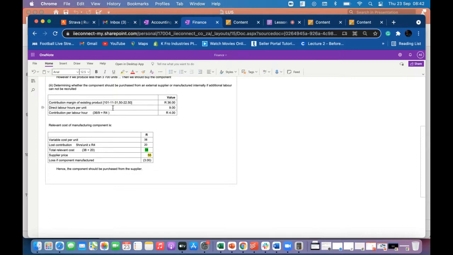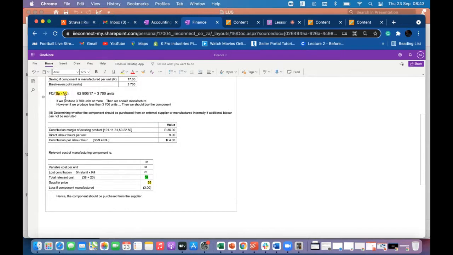Okay, so there you can see the 11 Rand from direct materials, the 31 Rand 50 from direct labor, and then finally the 22 Rand 50 from variable overheads. Remember, our selling price minus our variable costs gives us our marginal income, or our contribution. And that's how we're getting the 36 Rand.